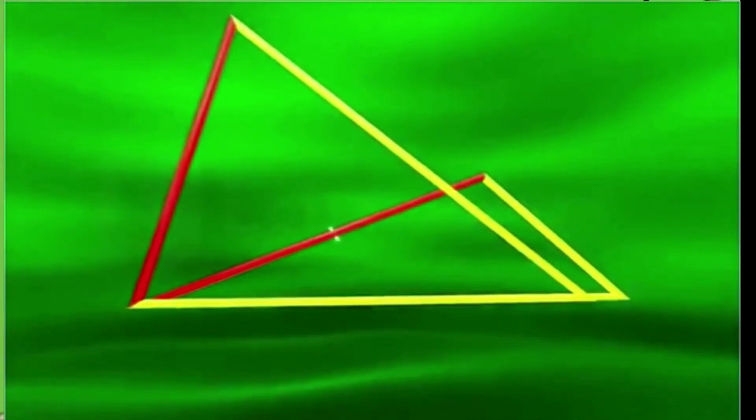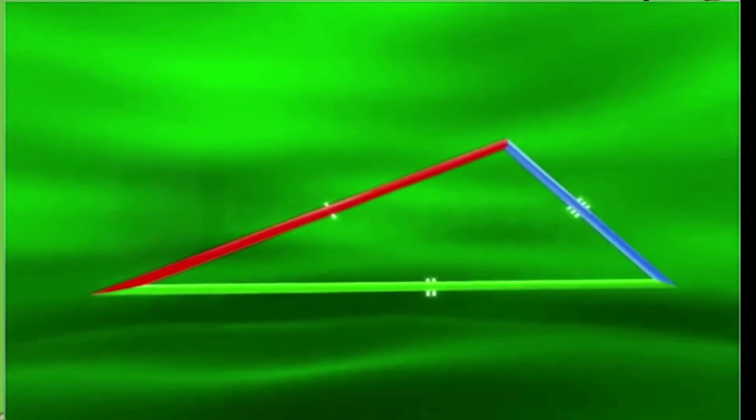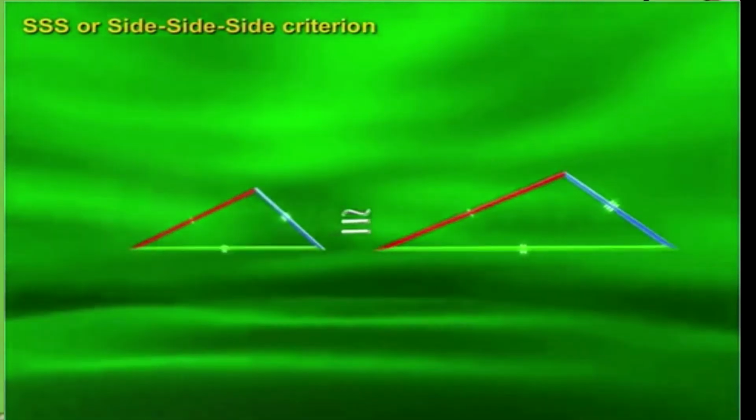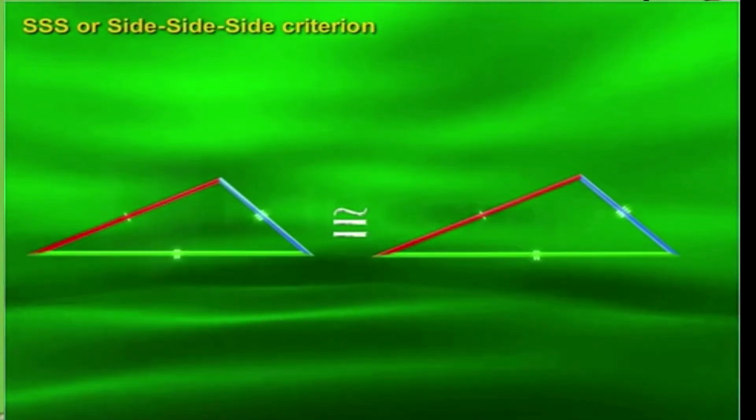Let's have the first criteria for the 2 triangles to be congruent. We have SSS or side, side, side. For this criteria, 3 sides of the first triangle are equal to the corresponding sides of the other triangle.